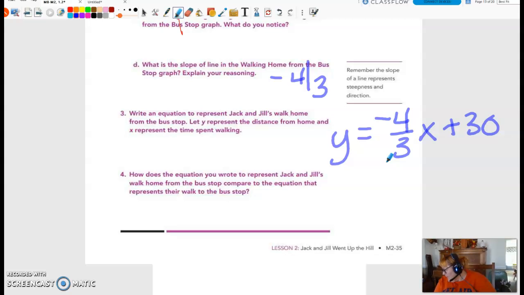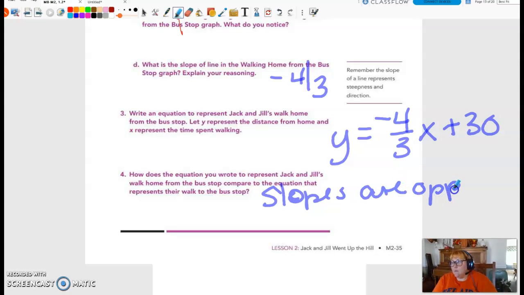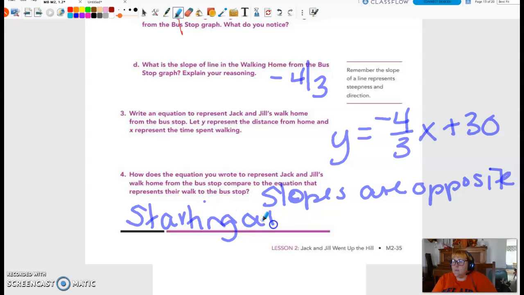How do they compare? So the slopes are opposite, because one was 4/3 and one was negative 4/3. What else do you think? And you're starting at different places, 0 and 30.